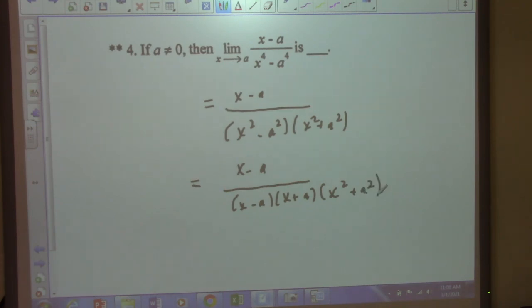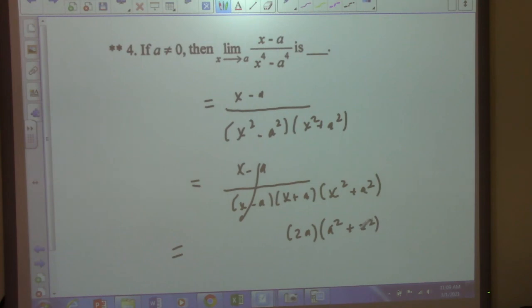What cancels out here? And then we substitute in x for a. So x goes to a, and we get 2a, and we get a squared plus a squared.